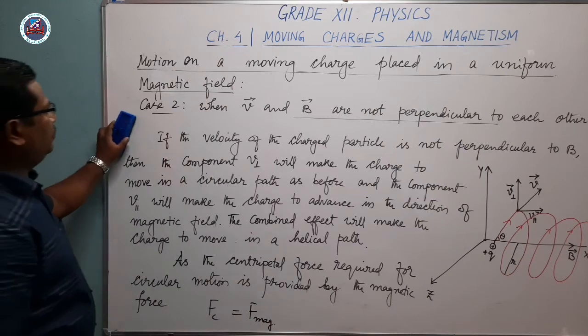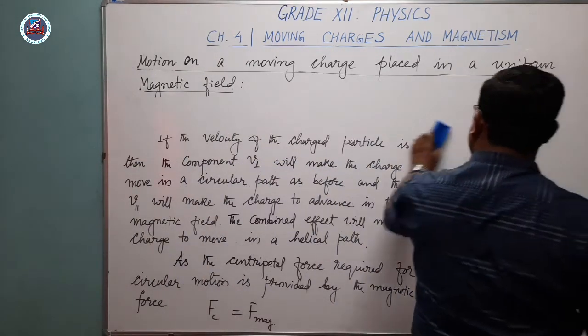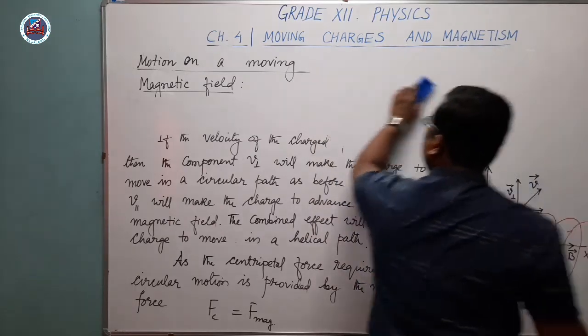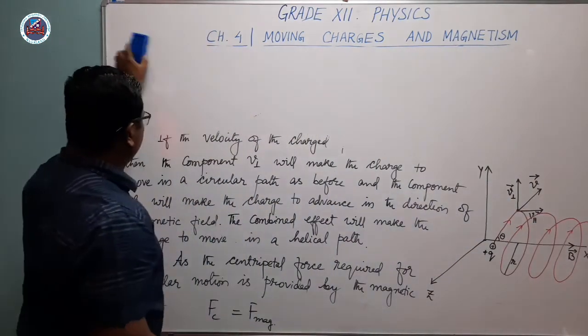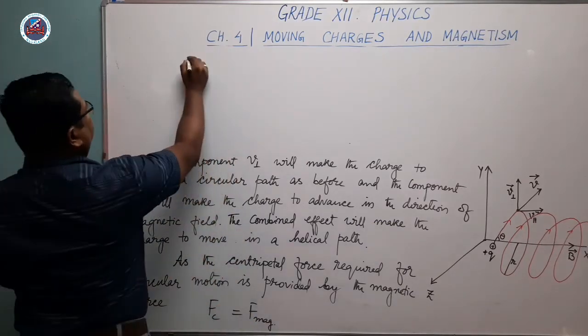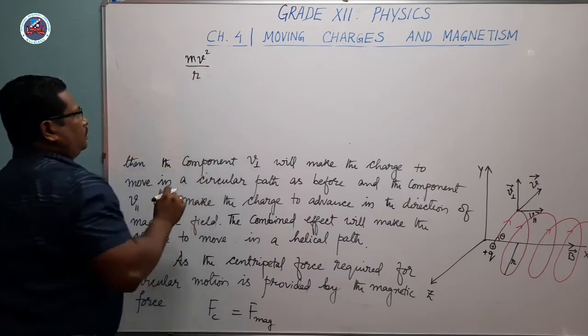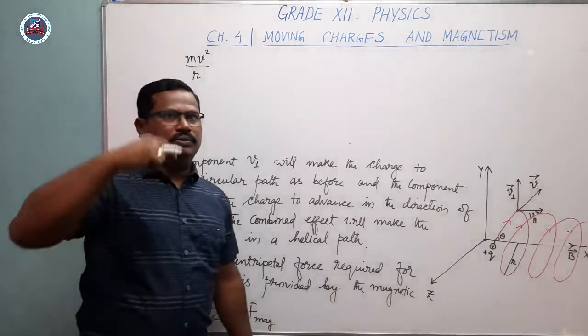The centripetal force expression is m v squared divided by r, but which velocity makes it move in a circular path?